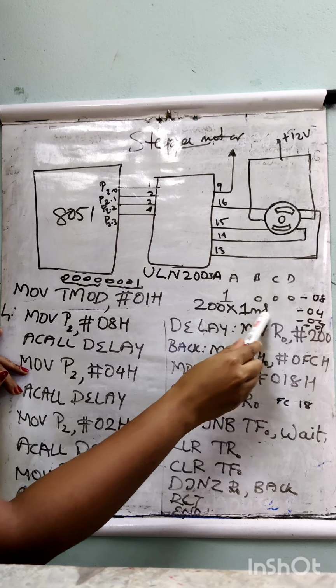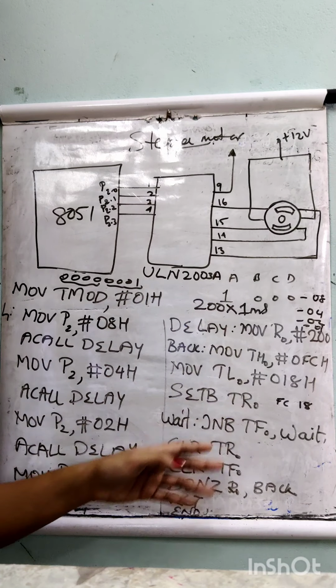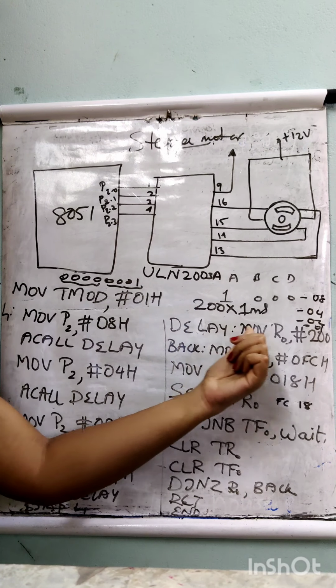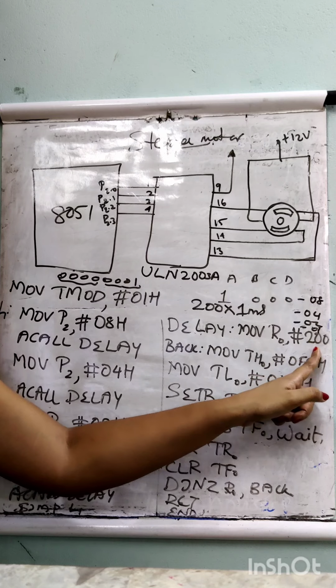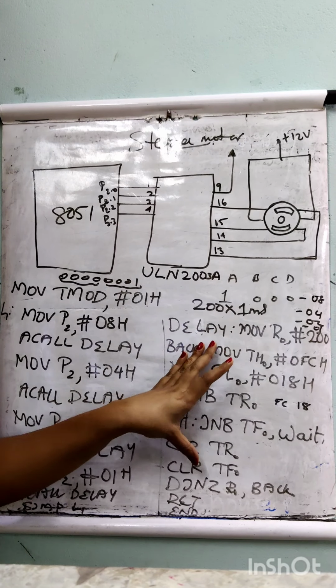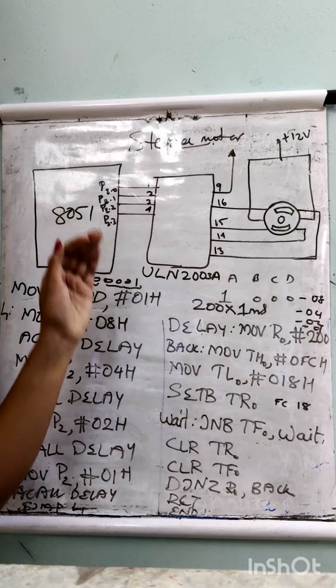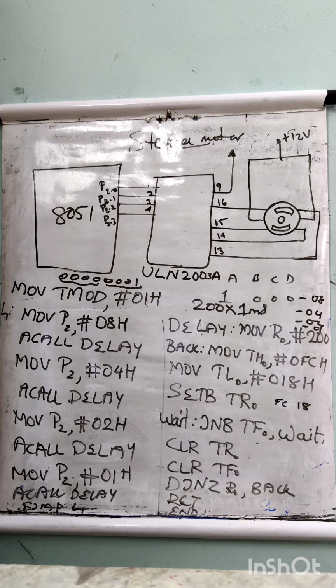So this is actually the time for 1 millisecond, and I am planning to repeat this loop 200 times. So I gave the value 200 in register R0. So this delay is actually for 1 millisecond and I want to repeat this 200 times to get a 200 millisecond delay. So what is happening inside the delay?